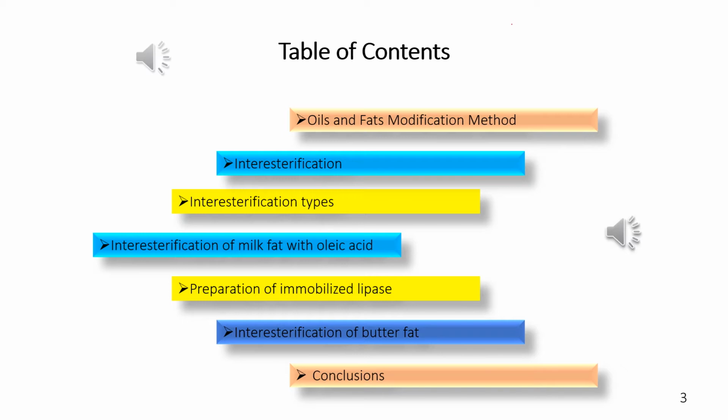The chemical interesterification occurs in the presence of a basic catalyst, for example sodium methoxide, and in this process the random arrangement of fatty acids occurs.